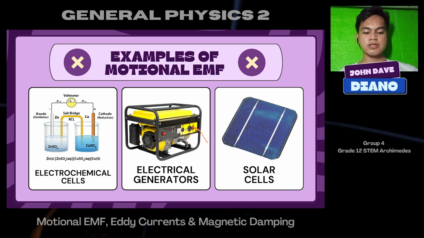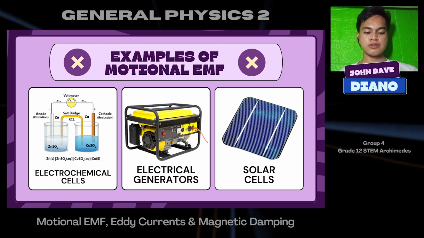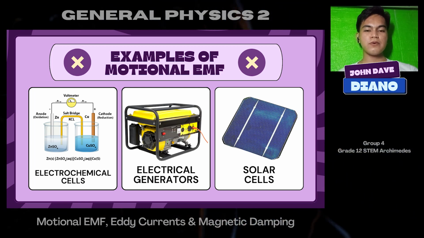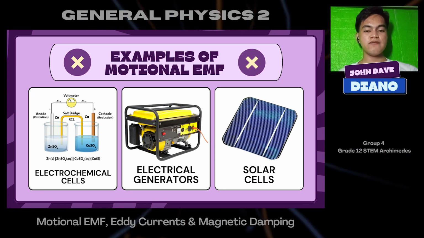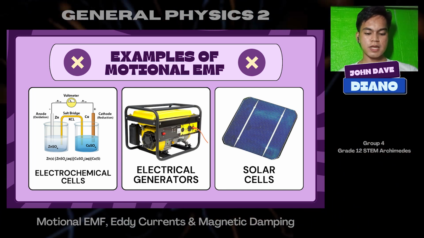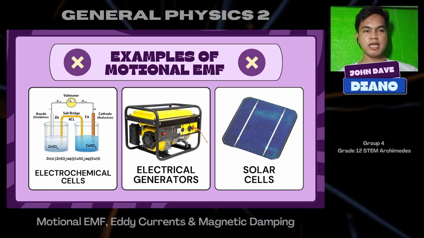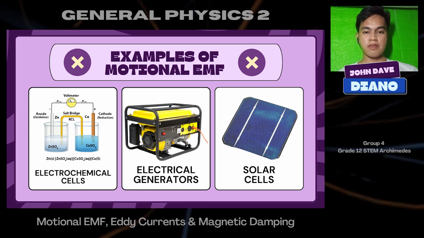These generators force electric charges to flow through an external electric circuit to power a house or an appliance or even a whole building. And also, solar cells or solar panels. I believe most of us are familiar with this.